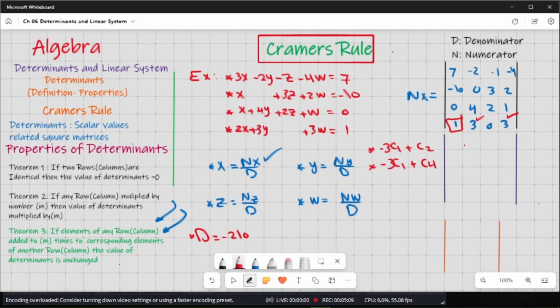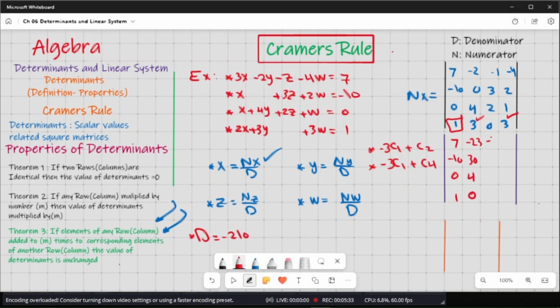So we have 7, negative 10, 0, 1. Multiplied 7 by negative 3, then add to negative 2, we have negative 23. Multiplied negative 10 by negative 3, we have 30. Here we have 4, multiplied this, we have 0.